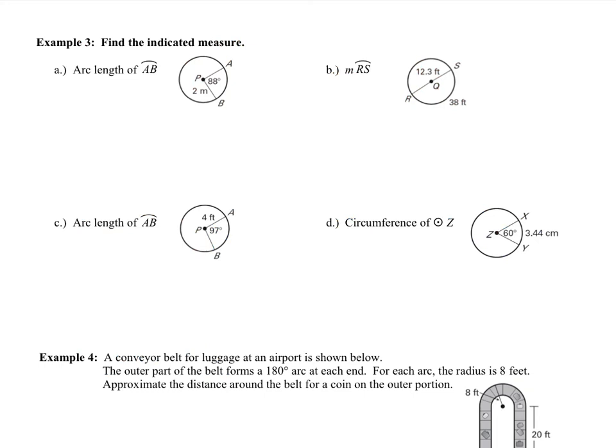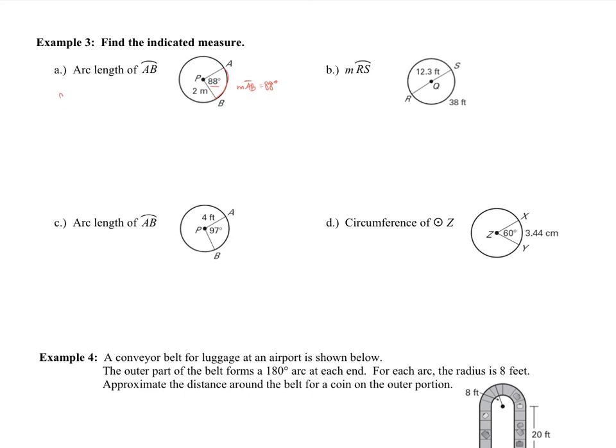Example 3. Find the indicated measure. Part A. Arc length of AB. Since we know that the central angle measure of APB is 88 degrees, then we know that the measure of arc AB is also 88 degrees.